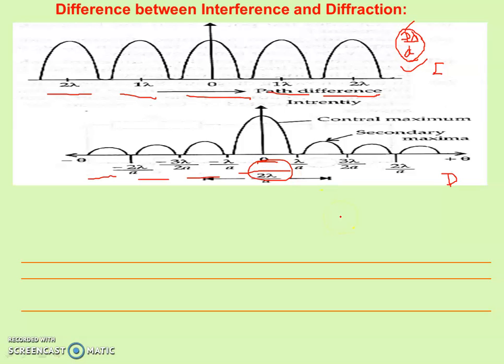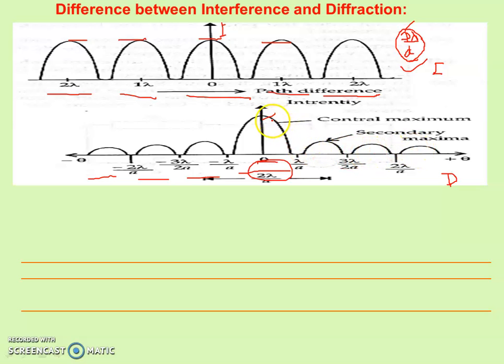Right? Now see the intensity. In the interference pattern, all maxima have the same intensity. Means these peaks are at the same height on the intensity axis. Right? But in the case of diffraction, the intensity of the central maxima is highest, whereas the intensity of secondary maxima goes on decreasing with order.